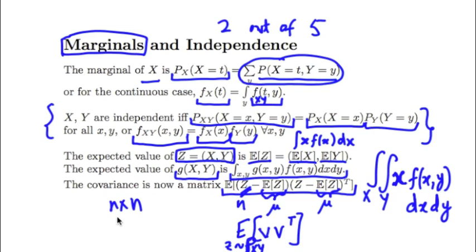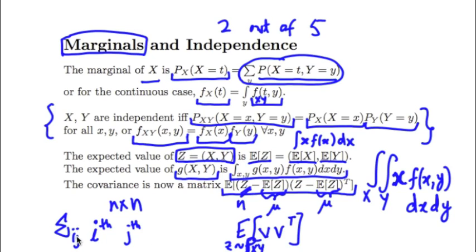And the interpretation of this n cross n matrix is basically something like, how does the ith component of z, the ith random variable in the random vector z, vary with the jth random variable in the random vector z? And that's what will be given by the covariance matrix's ijth entry.